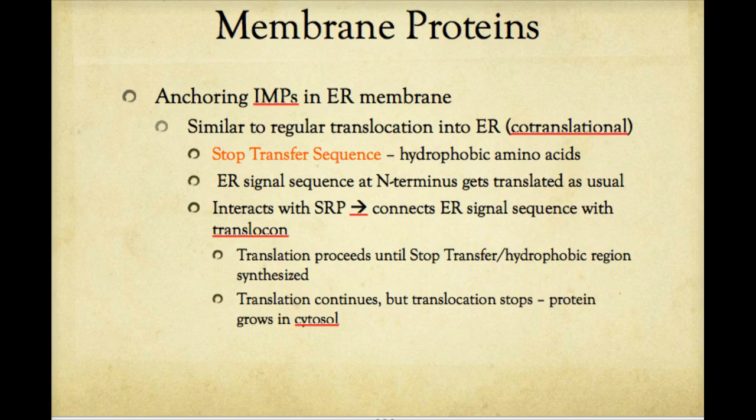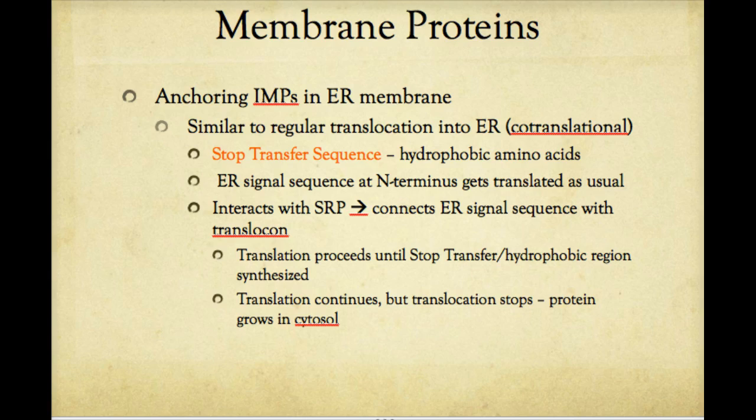As that protein gets translated, translation is going to continue with the growing polypeptide passing through the pore and emerging inside the lumen until that stop transfer sequence gets translated. That hydrophobic region gets translated. At that point, what's going to happen is those amino acids are going to be strongly attracted to the tail region of the membrane. Remember, this protein is being co-translationally imported. That pore is passing right through the ER membrane.